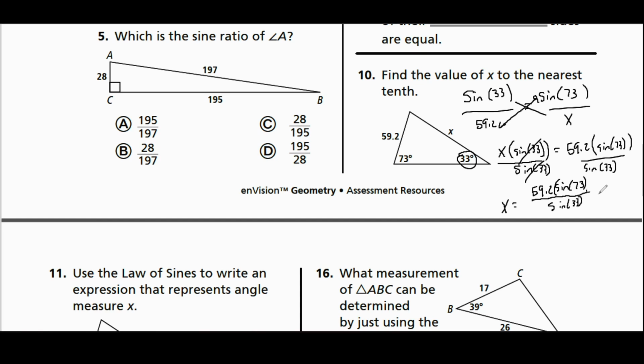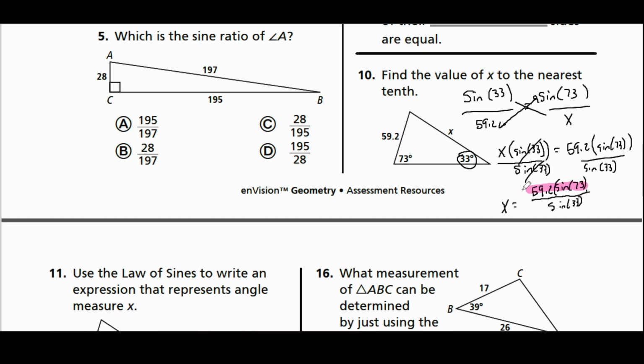And then punch this into my TI-30XA. I'm going to punch in 73 sine times 59.2. And now that I've done everything in my numerator, let me say it again so you can see it as I'm punching it in. I'm going to hit 73 sine times 59.2.